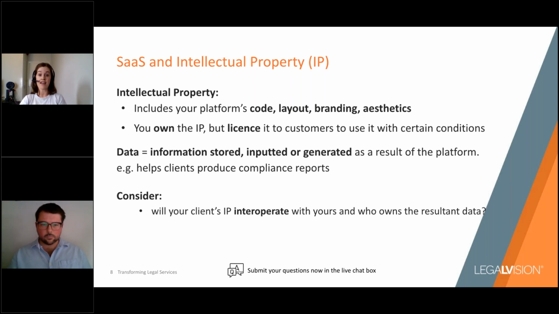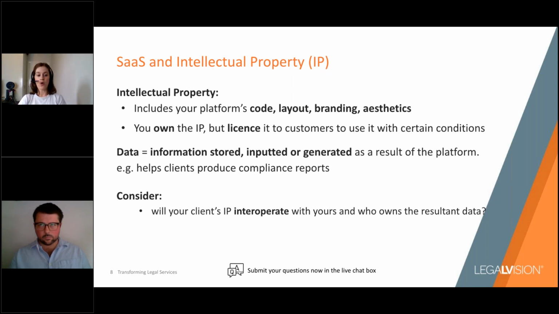And so we need to see that license clause in the SaaS agreement, which sets out what you can do with it. And certain customers who are very precious about their IP will want to see that that IP clause only allows you to use their IP in order to provide the SaaS, and that you're not going to use it for unlawful reasons.